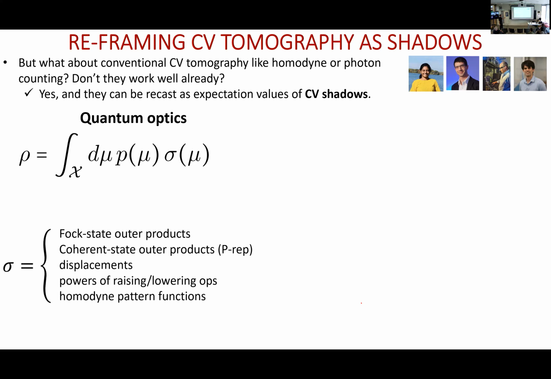Okay, and each one is basically just a sum over some set of parameters over some objects, whatever they are, displacements, whatever, with some coefficients. It's kind of like a basis expansion, but for an operator.